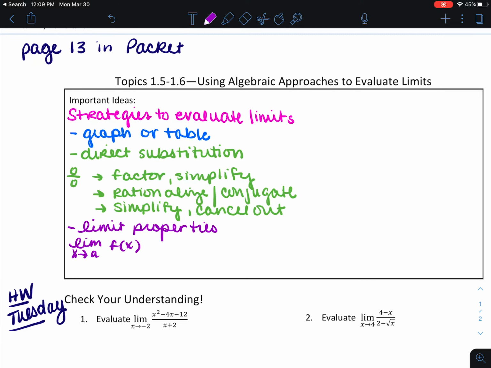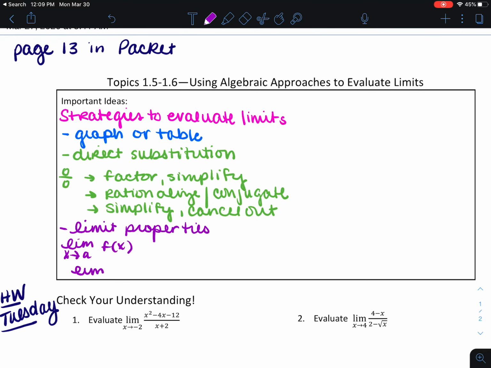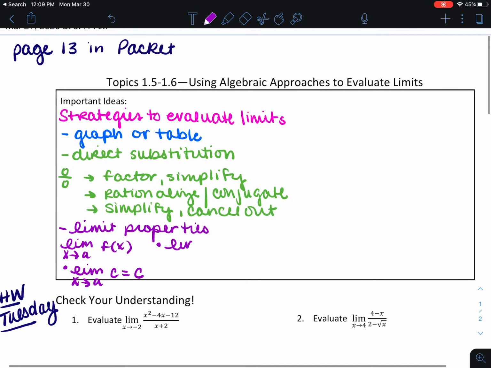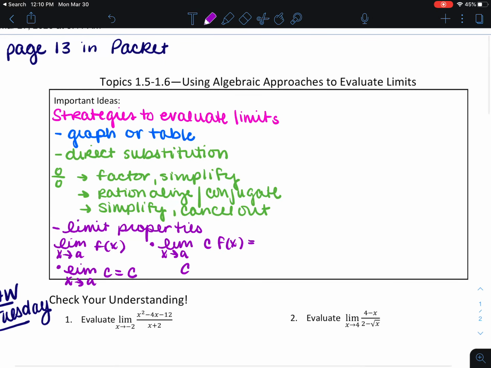As we use this notation, but if we have a constant, what's the limit of a constant? It's just that constant. If we have the limit as x approaches a of some c times the function, we can move that c out and then just evaluate f of x.